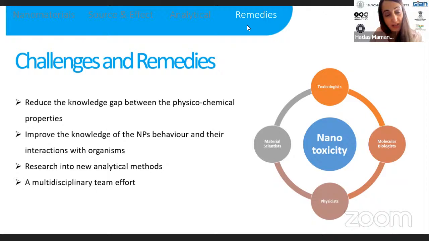Research into new analytical methods is also required to address special properties of nanomaterials.